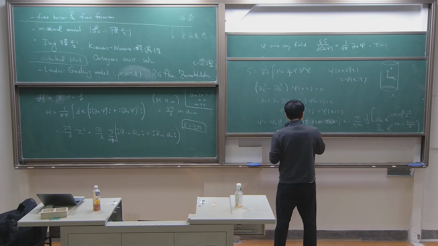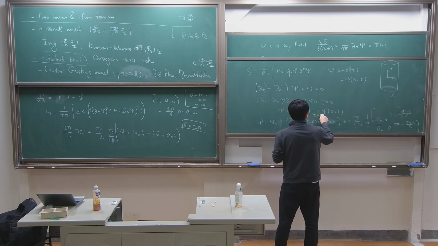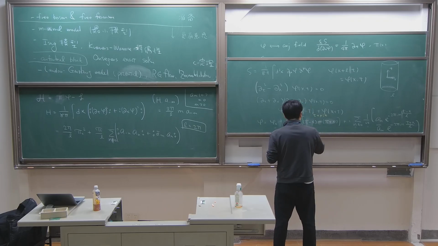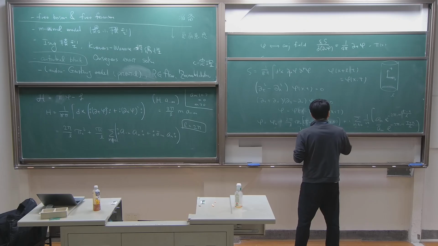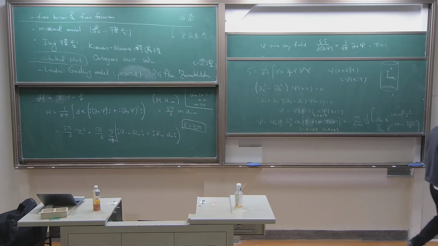We use t goes to minus i t, so this becomes minus it minus x, and minus it plus x.